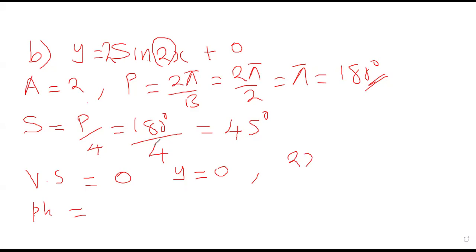So you equate 2x to 0. x is equal to 0, which simply means the graph hasn't been shifted to the left or to the right. It is starting at x equals 0. So there is no phase shift. We know our starting lines are y equals 0 and x equals 0. So we start sketching.